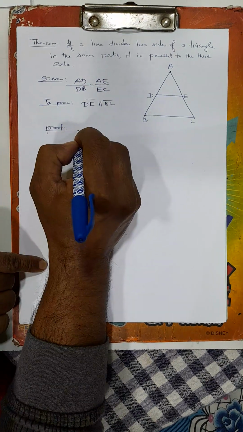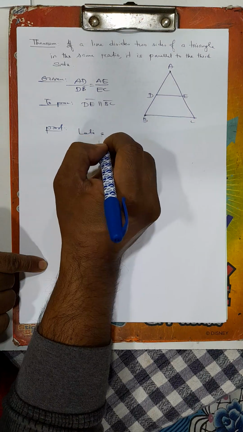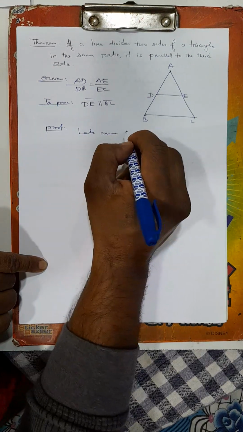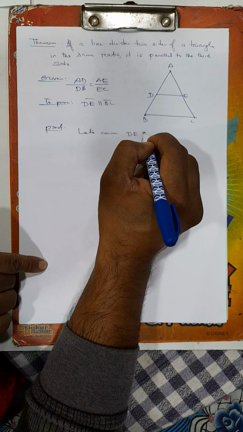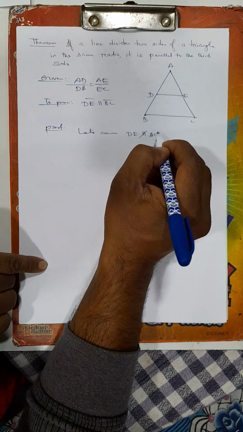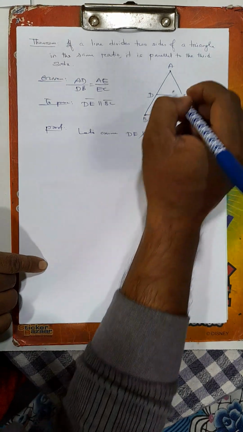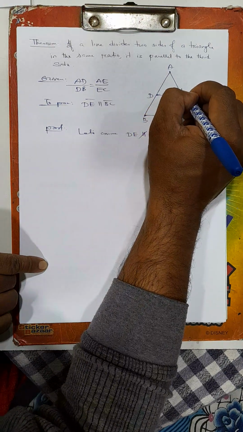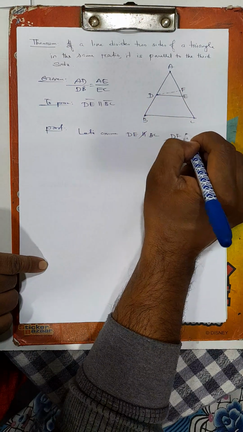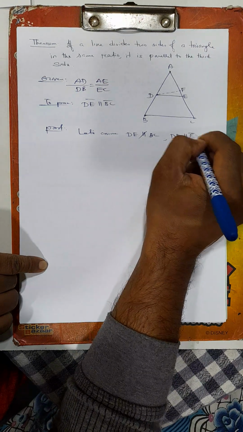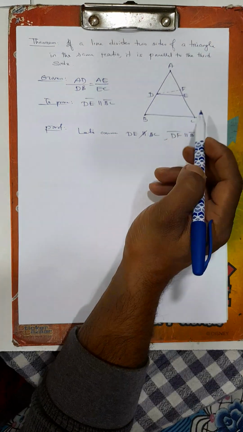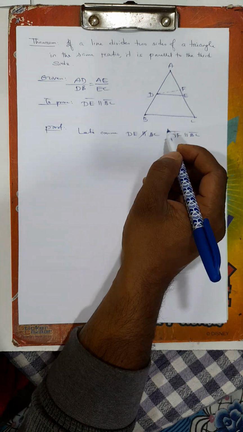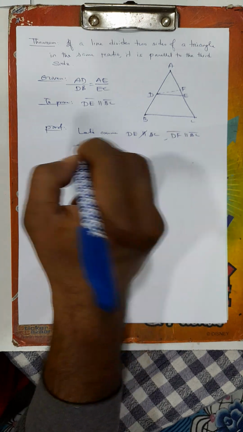So first we will assume, let's assume DE not parallel to BC. We consider another line DF, with F on AC. DF is parallel to BC. Suppose DE is not parallel to BC, we consider DF parallel to BC.